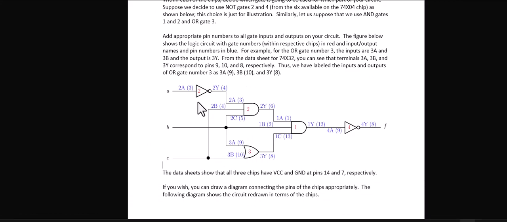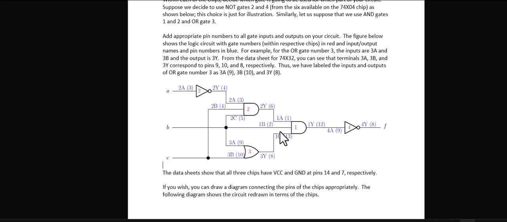add appropriate pin numbers. So what I will do is, okay, so this is a little bit different from the other class.